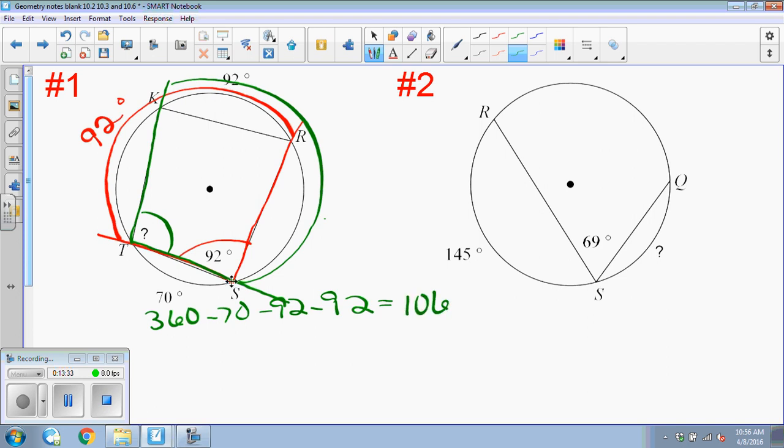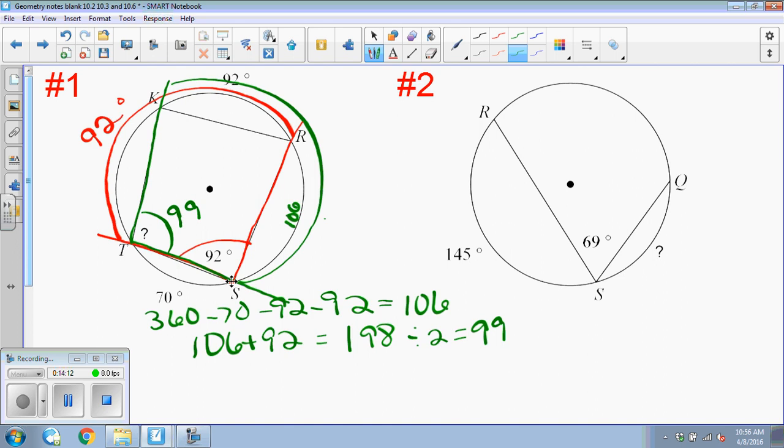So this piece right here is 106. Do you see what I'm saying? So what we need to do is add 106 plus 92, which is 198, and then divide that by 2, and we'll have our angle. What is it? 99. So this is 99.